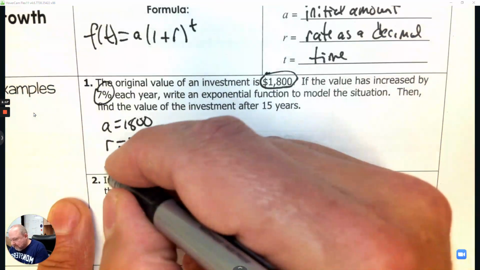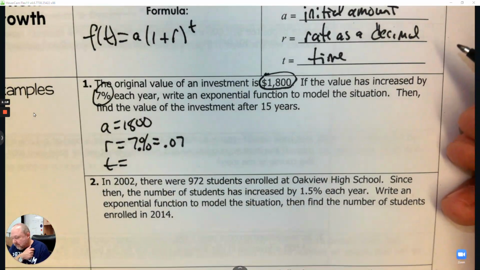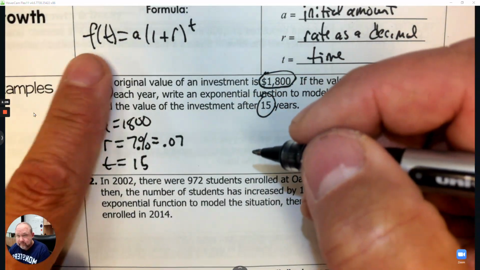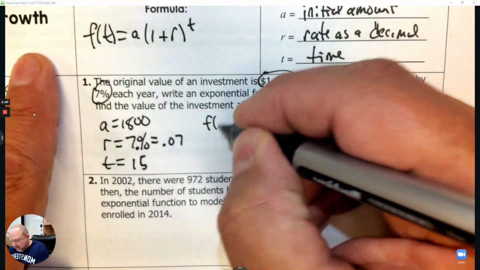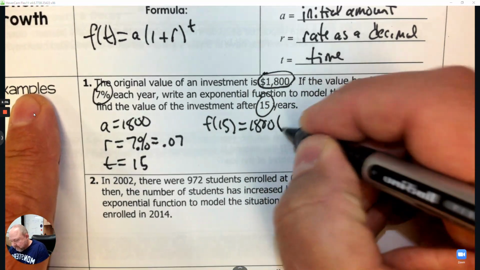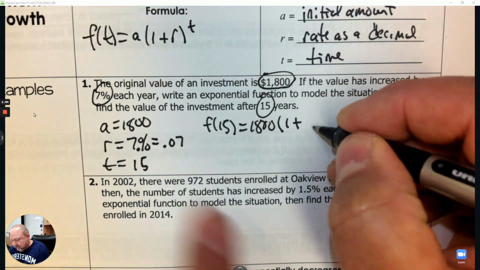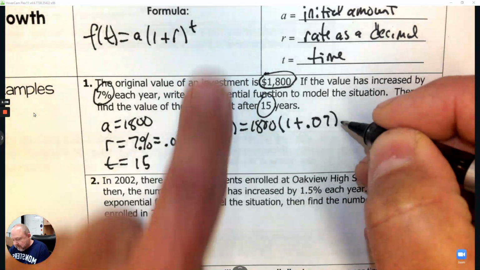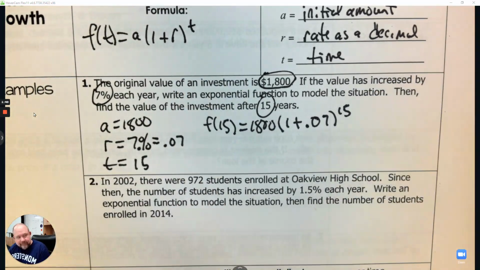Okay? And then time, if I keep reading, find the value of the investment after 15 years. Then I write down the formula. So T is 15. A is 1,800. 1 plus 0.07. And then the exponent is T, which is 15.